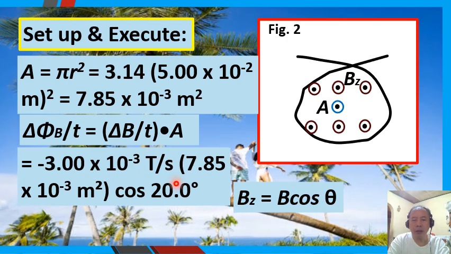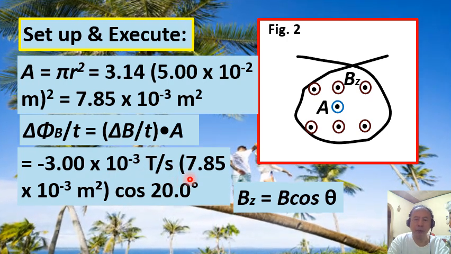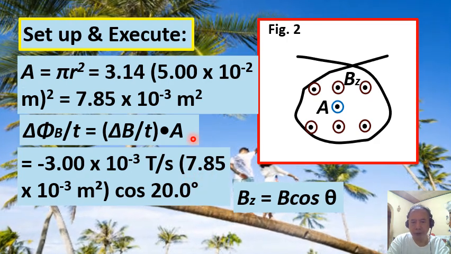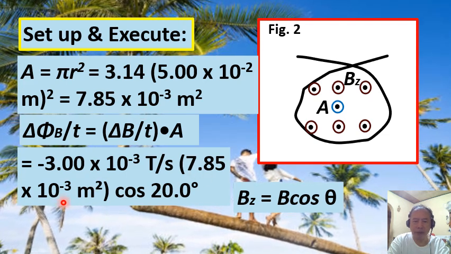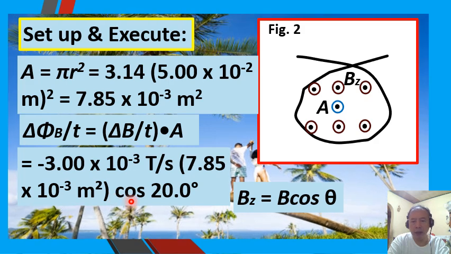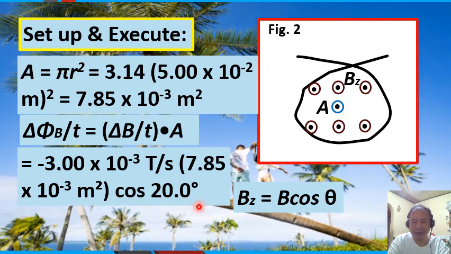And then that will be multiplied using scalar multiplication by the area vector that we have just determined here, 7.85 times 10 to the negative 3 meter squared, and cosine of the angle theta, 20.0 degrees.